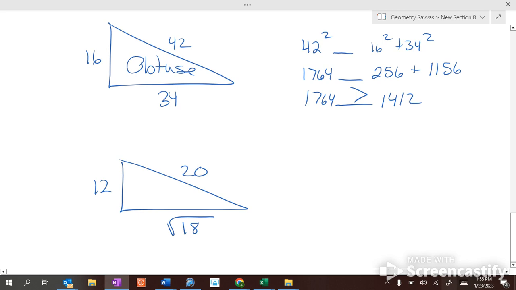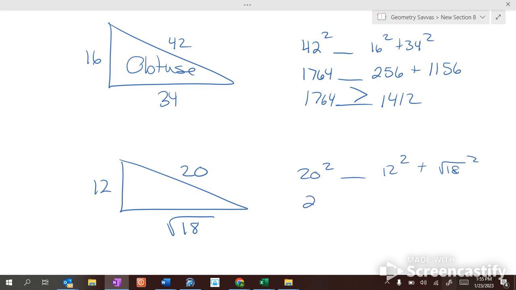All right. 12, square root of 18, and 20. Well, what's your longest side there? 20. So 20 squared compared to 12 squared plus the square root of 18 squared. 20 squared is 400. 12 squared is?